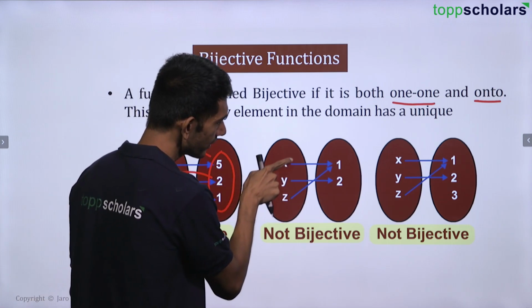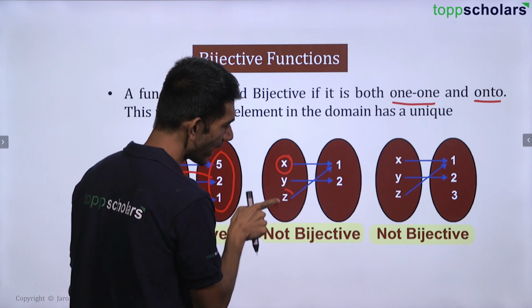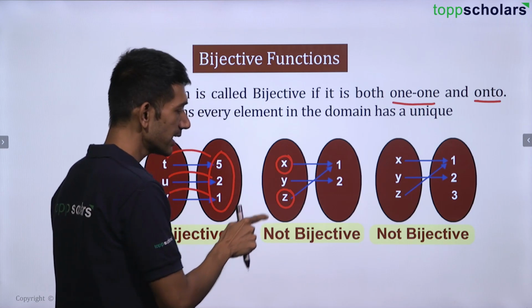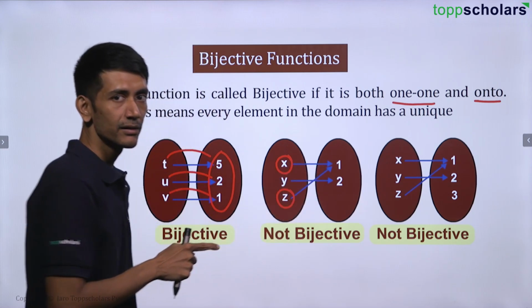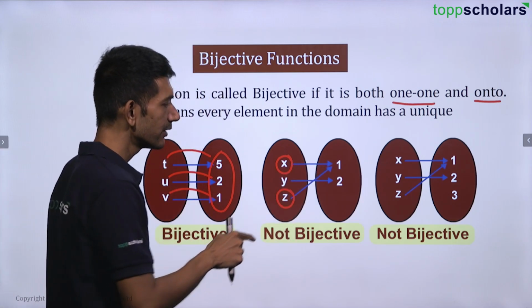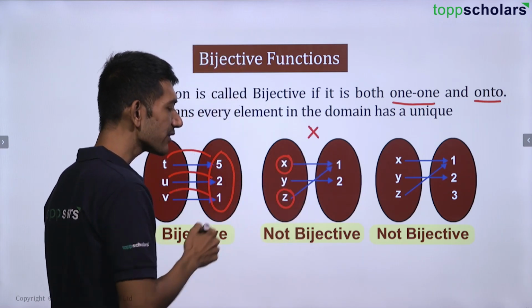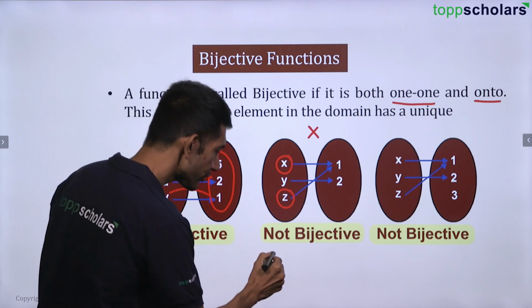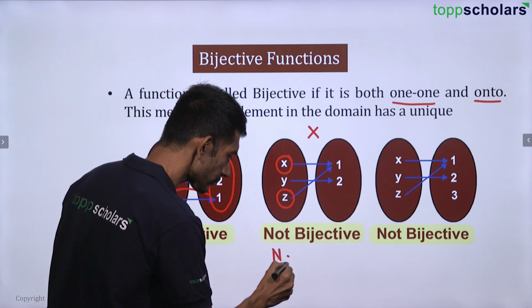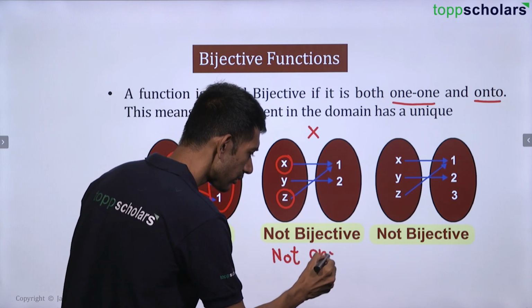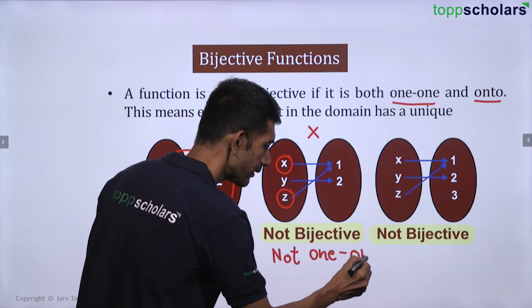See here. If you see x and y, the image of x is 1, the image of z is also 1. So can I say this is not one-one? Why is it not bijective? Because it is not one-one.